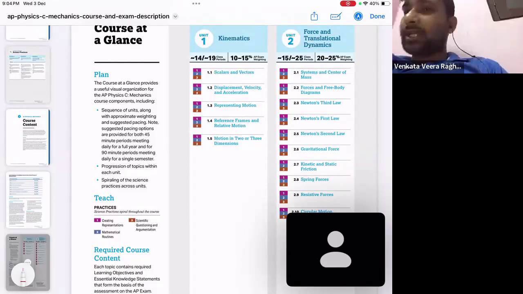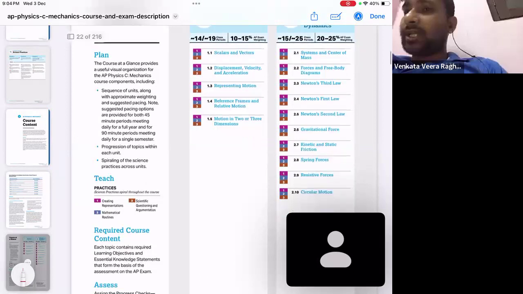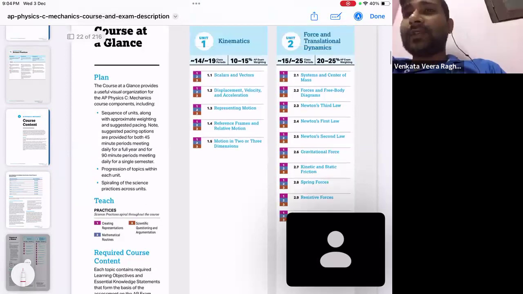If two bodies are moving, how do we write the motion of one object with respect to another? That's called relative motion, where we change the frame of reference. Then we have projectile motion, 2D and 3D motion. That is going to be our unit one, the kinematics part.